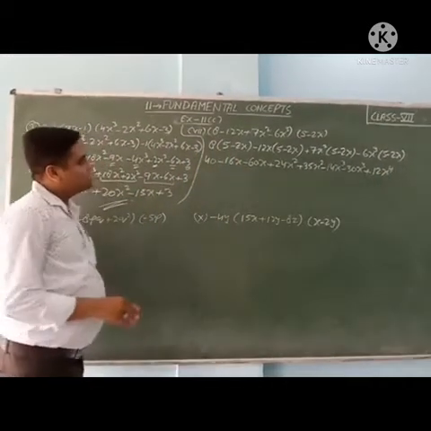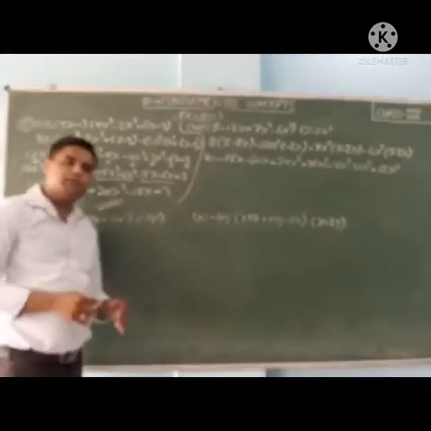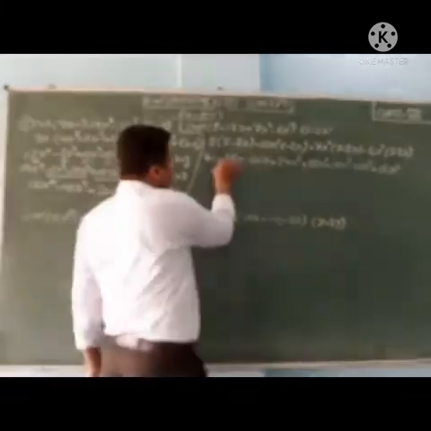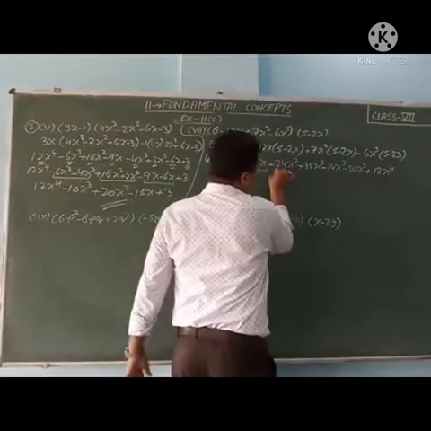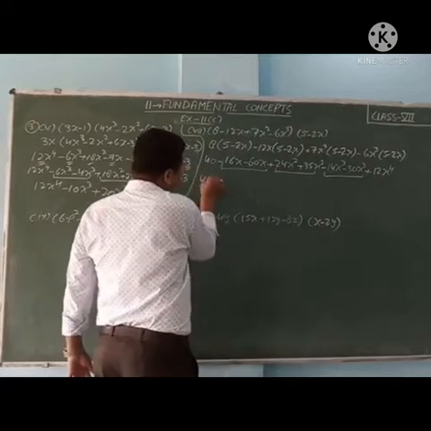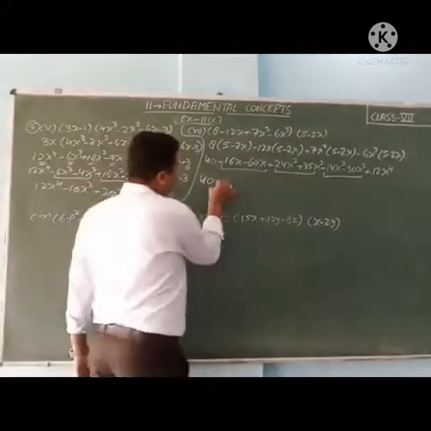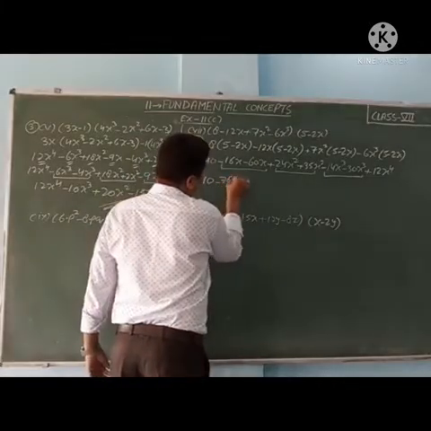Now we will arrange the pair of like terms. So students, we can see they are already arranged. One pair is this, one pair is this, one pair is this. So 40 we will write as it is. Minus 16 minus 60x means minus 76x.